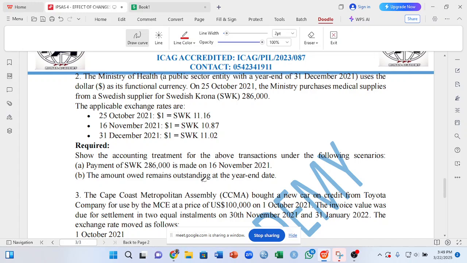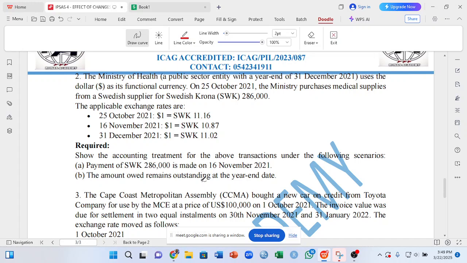The applicable exchange rates are as follows. Required: show the accounting treatment for the above transactions under the following scenarios. A. Payment of 260,000 Swedish krona is made on 16th October 2021.